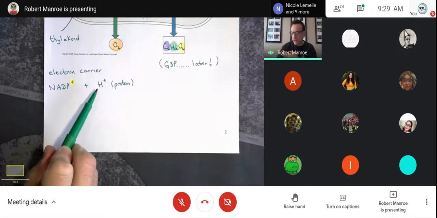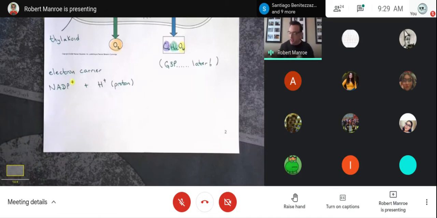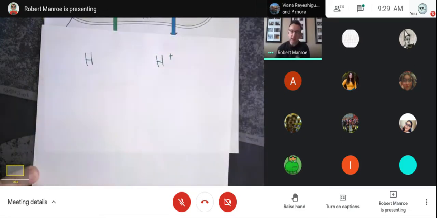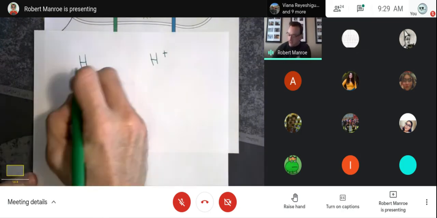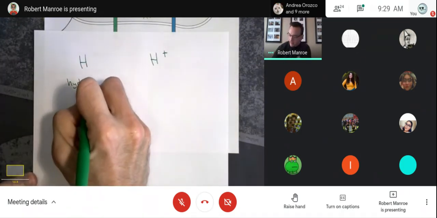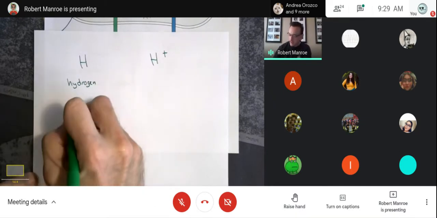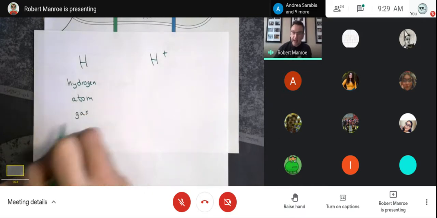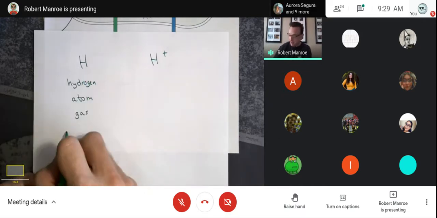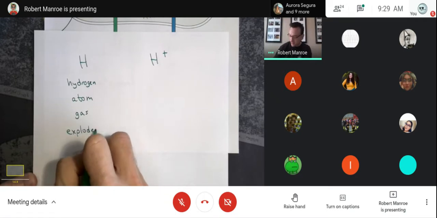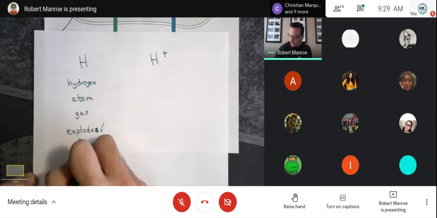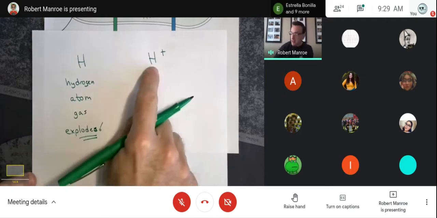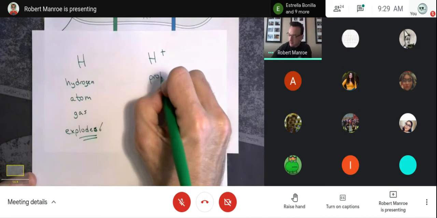Yes. In chemistry there is an enormous difference between this and that. This is hydrogen. This is an atom. At room temperature, this is a gas, and if you put flame to it, this explodes. Hydrogen gas is actually really dangerous. Where this is a proton.